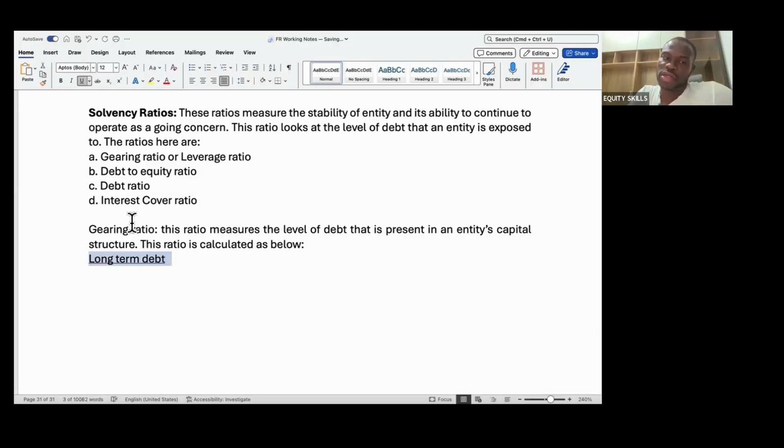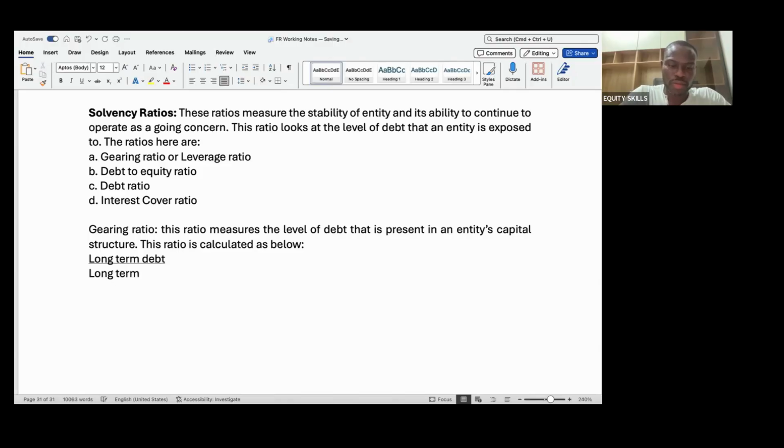And when I say interest-bearing debts, we really mean it. So if you see long-term debts, don't go and pick debts like deferred tax liabilities or provisions. Don't consider those ones when computing your gearing ratio. They are not usually considered.